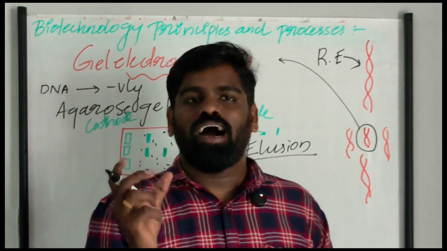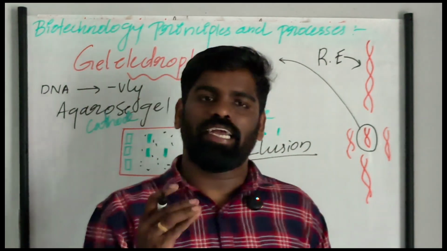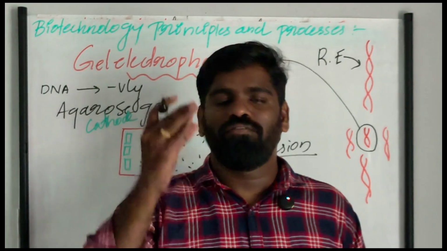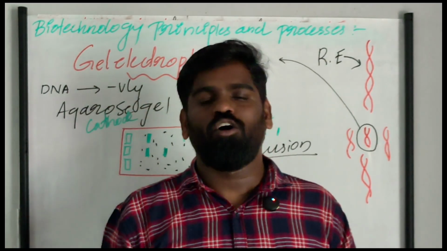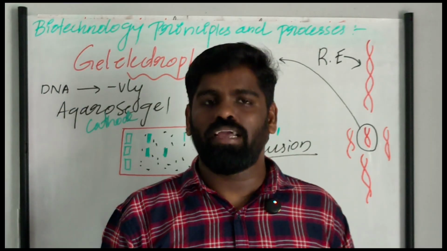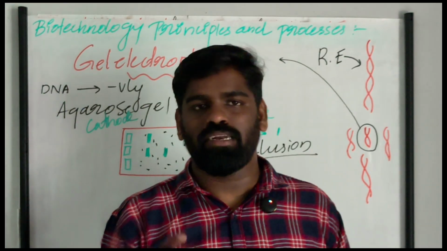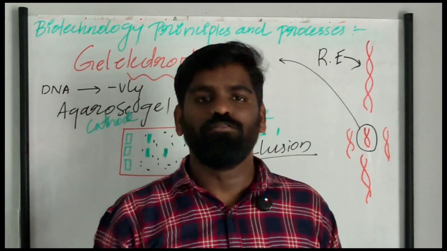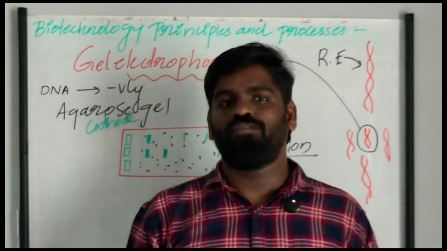Then we add ethidium bromide and expose to UV radiation, and we can observe orange colored bands. Then cutting the gel and separating the DNA fragment is called elution. So these are the major topics in gel electrophoresis.